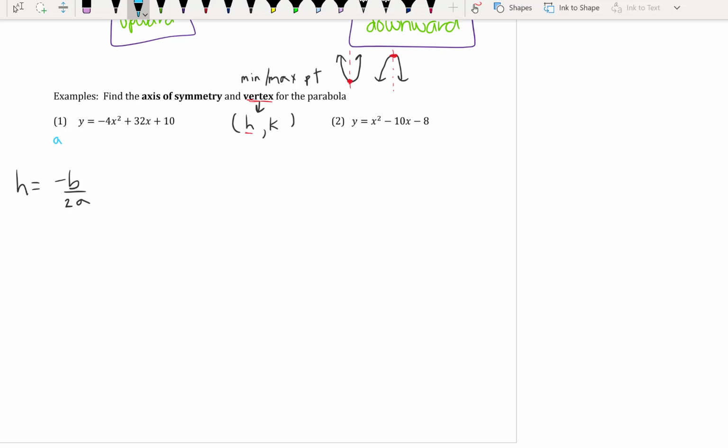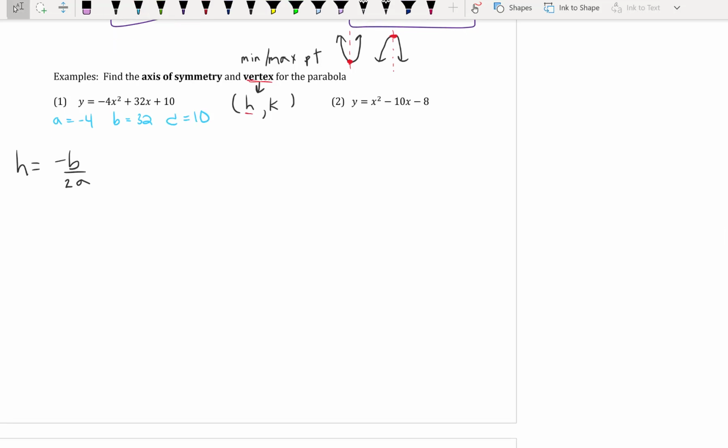Here I have a equal to negative 4, my b is equal to 32, and my c is equal to a positive 10. When I plug it into this formula, the b value that I'm plugging in is 32, and the a value is negative 4.